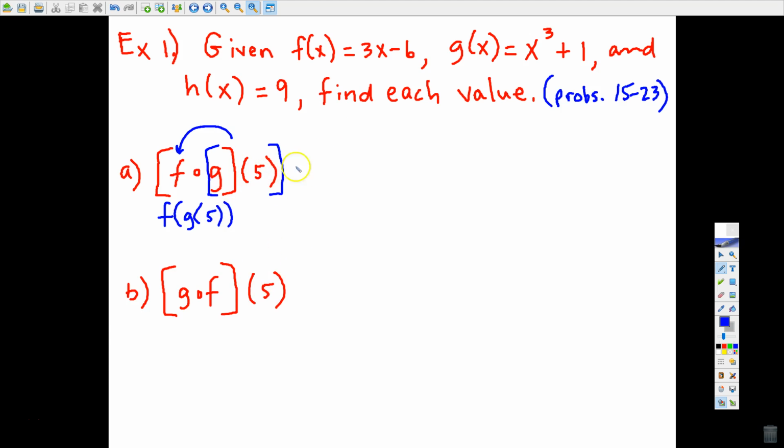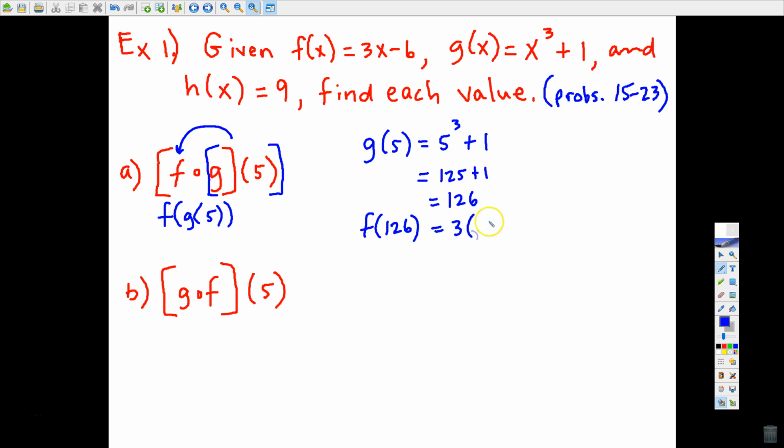Okay, so first of all, we need to find out what g of 5 is. And that just means we're going to input 5 into the g function and evaluate. And so what we get, well, 5 cubed is 125 plus 1. So g of 5 is 126. Well, remember, the output from the inside, which is 126, becomes the input for the outside function. So now we're going to turn around and let 126 be the input for this f function.